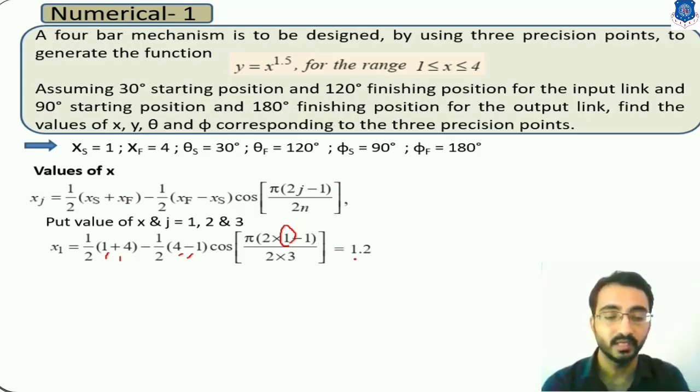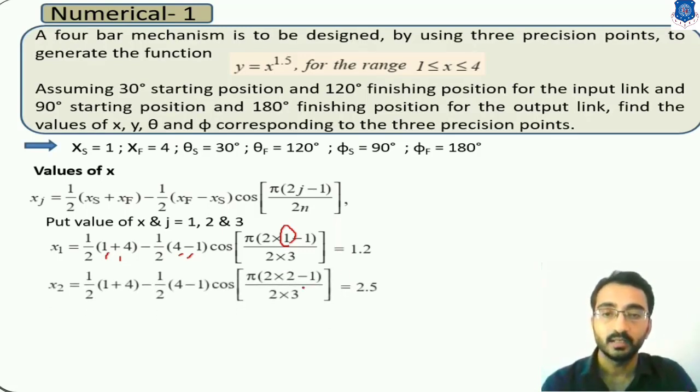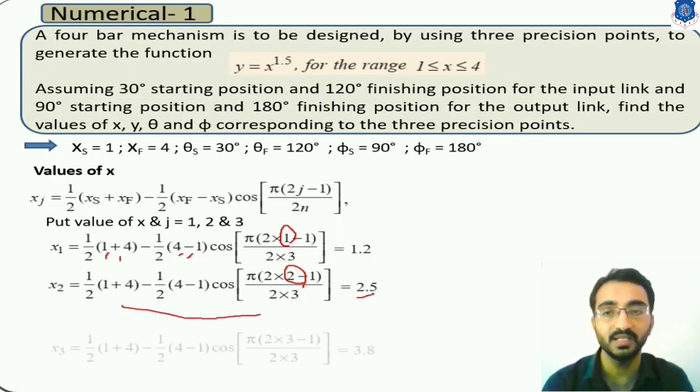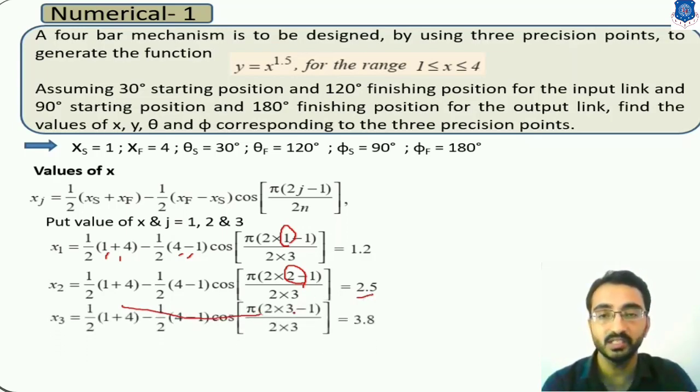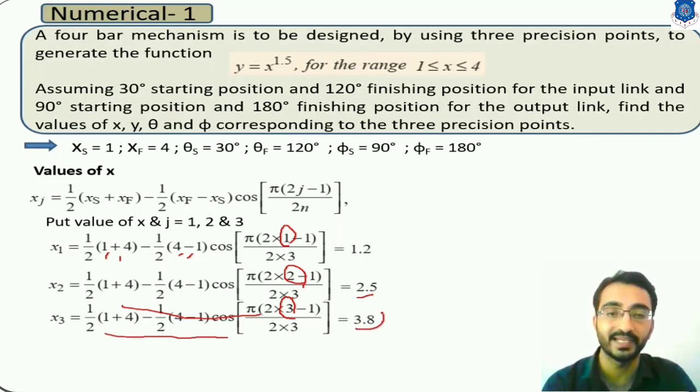If we change j to 2 and keep the rest of the terms as they are, we get x2 is equal to 2.5. Similarly for x3 we replace j with 3 and keep the rest as it is, so we get x3 is equal to 3.8.